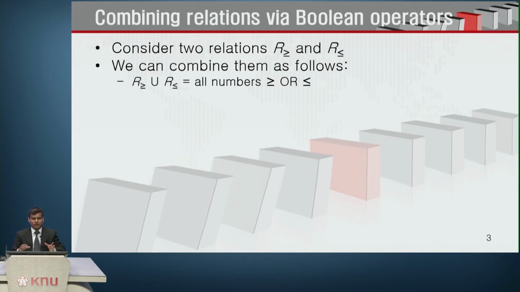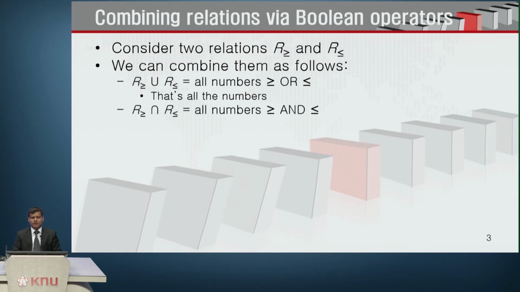When you have this union operator, you have the OR function coming up. That's all numbers. And you have the intersection, which is represented by the AND Boolean operation. Here again, greater than or equal to and less than or equal to, which means that's all numbers that are equal to.